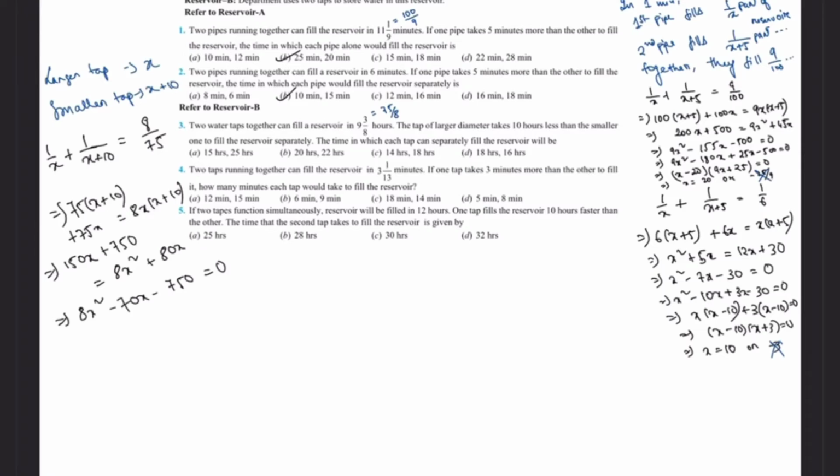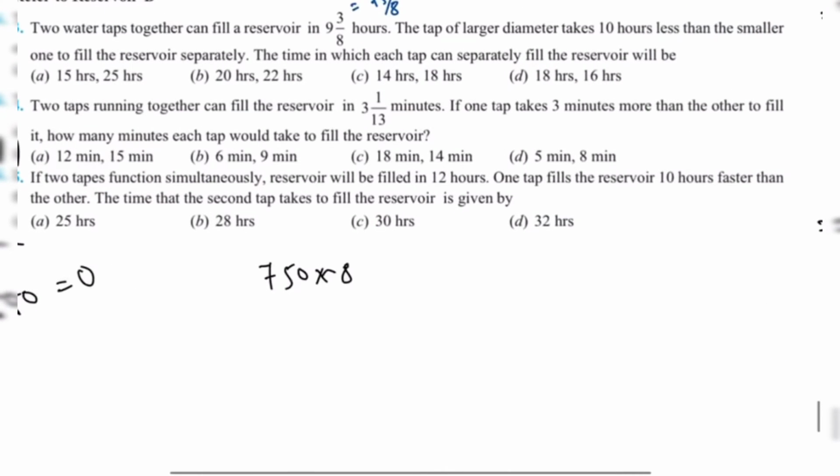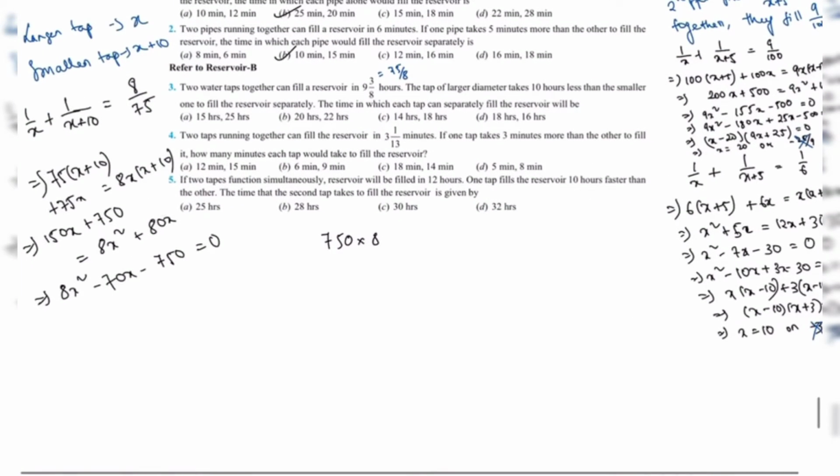Okay, let's see. We need to factorize 750 times 8. What we are basically trying to do is break the factors into two numbers whose sum is 70 or whose difference is 70 as we see appropriate.